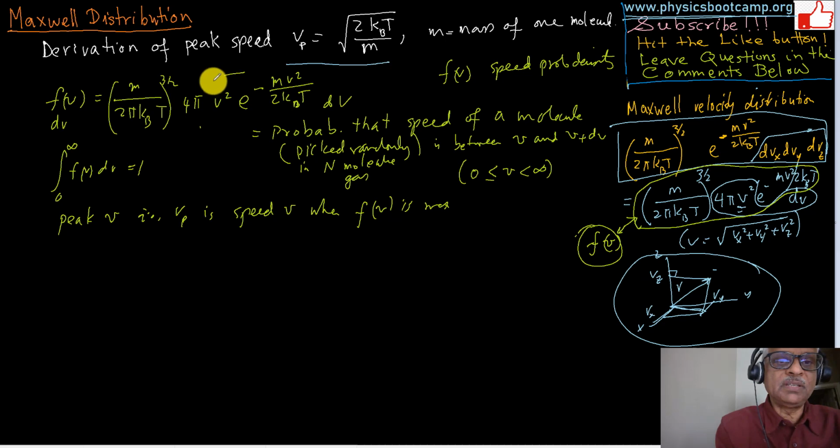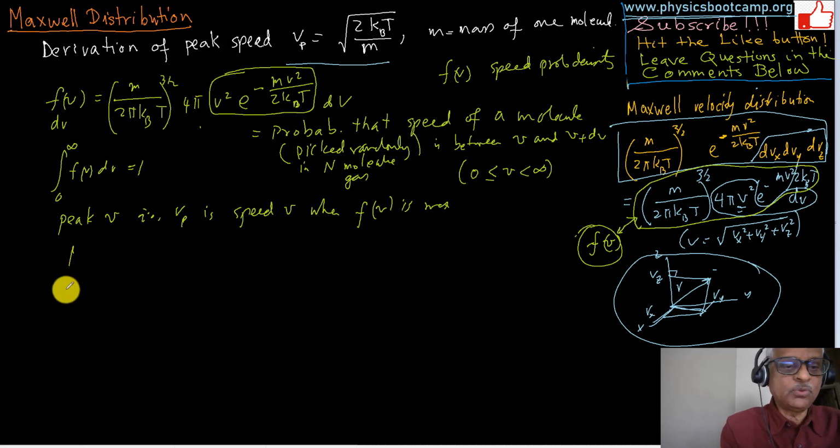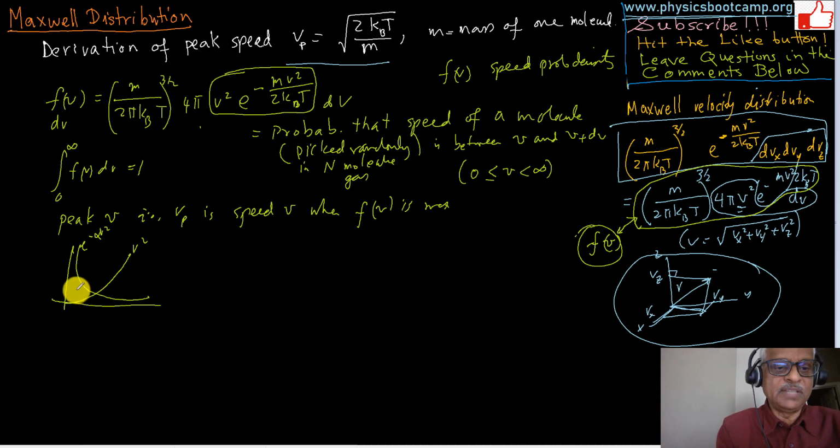Because v is only in here, you can see that v squared will be going this way, and this is an exponential, so this thing will be going that way: e to the minus alpha v squared.